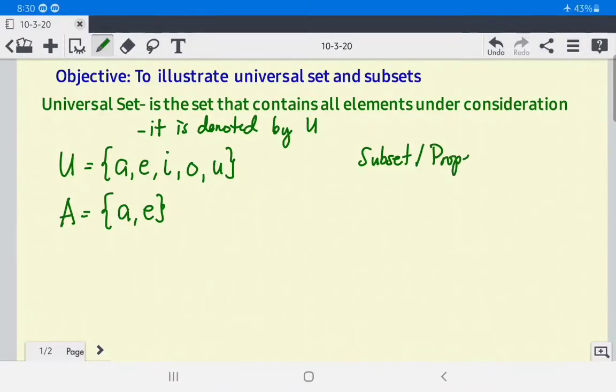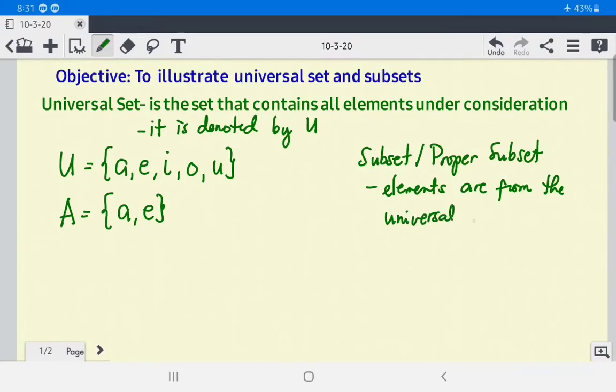or we have proper subset, these are the sets wherein the elements are from the universal set.